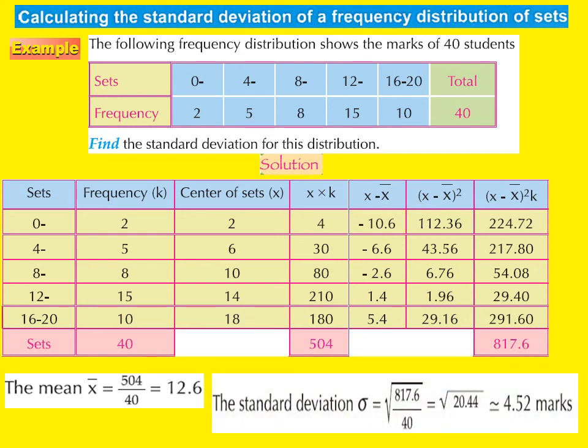Then the standard deviation sigma equals square root of the sum of (x minus x bar) all to the power 2 k, 817.6, over the sum of k, 40, approximately equals 4.52 marks.